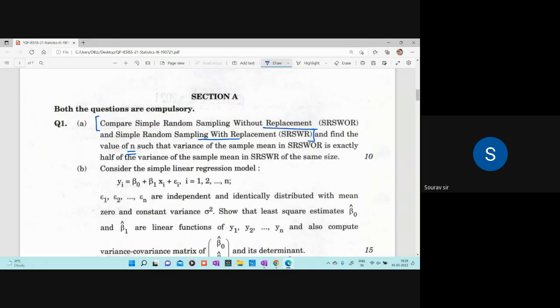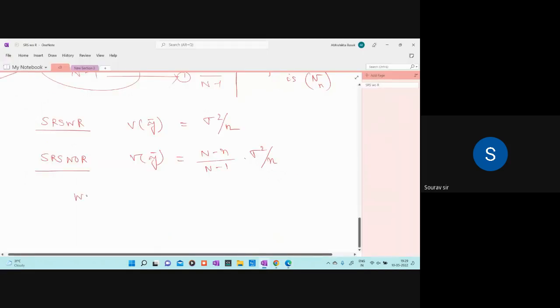Find the value of n such that the variance of the sample mean of WOR is exactly half of the sample mean of WR. This was basically the condition.